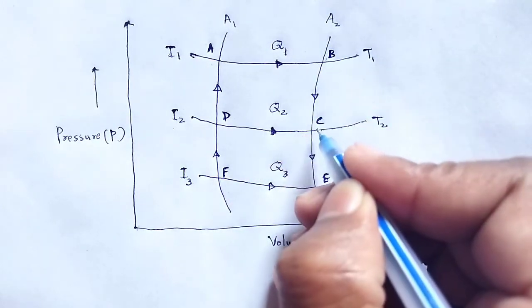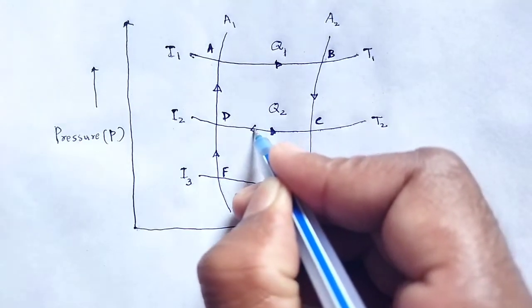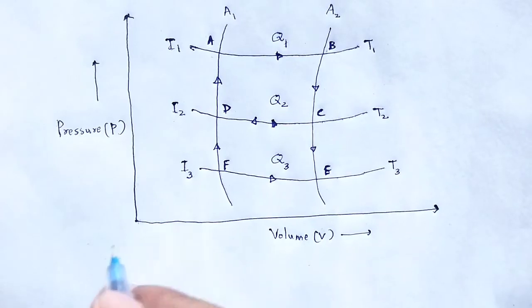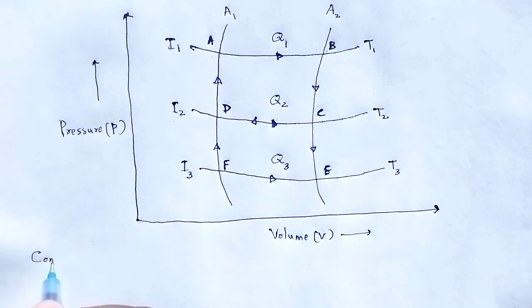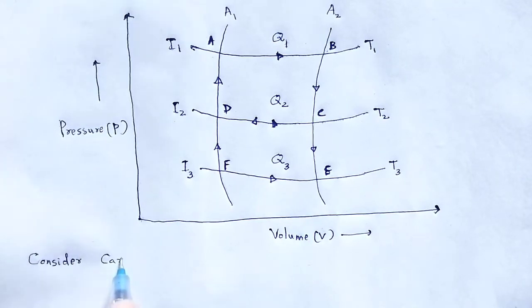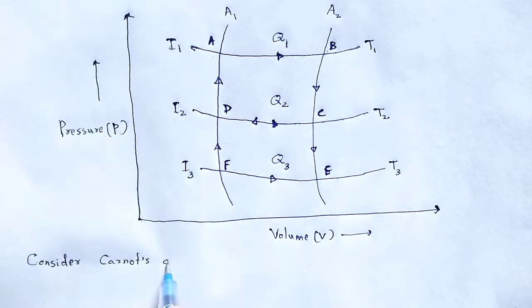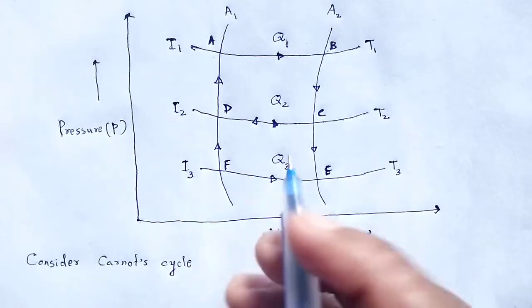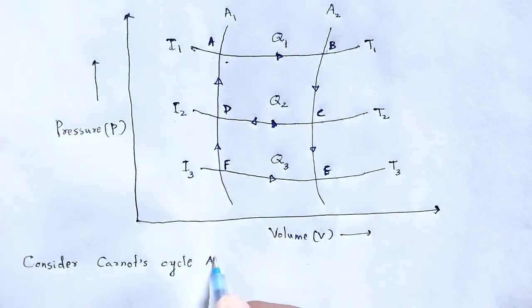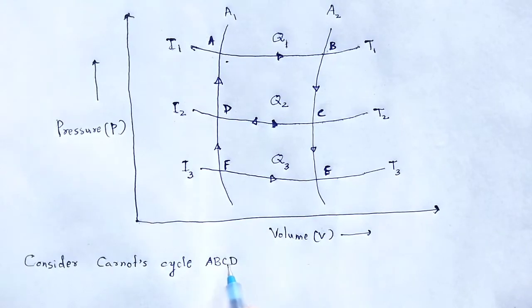The direction of the Carnot cycle will be this. This is the Carnot cycle ABCD.